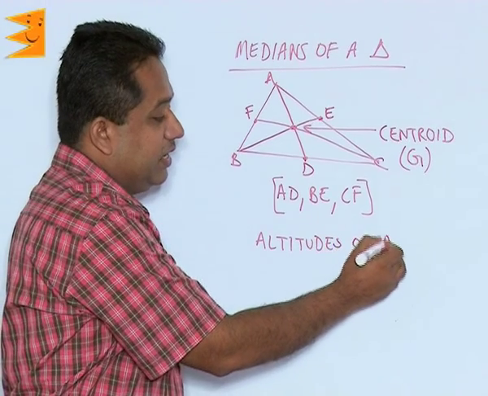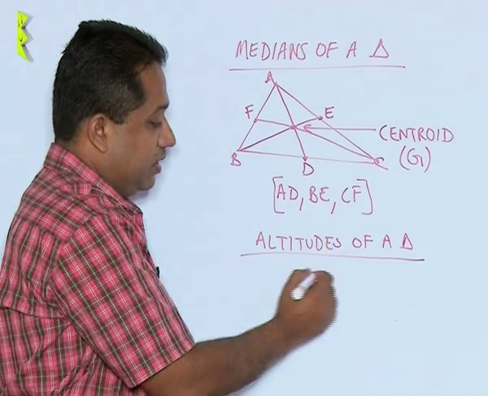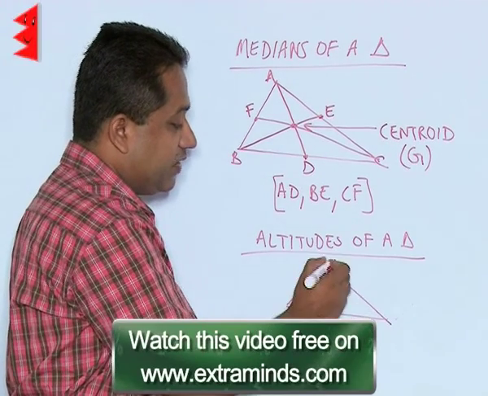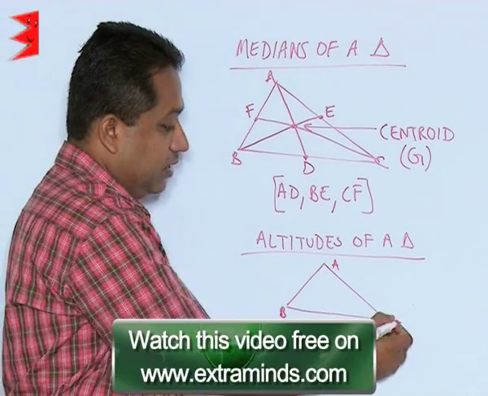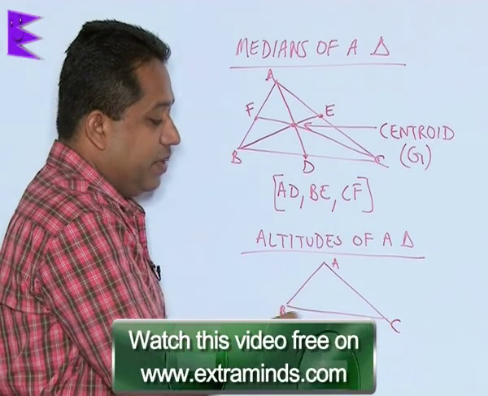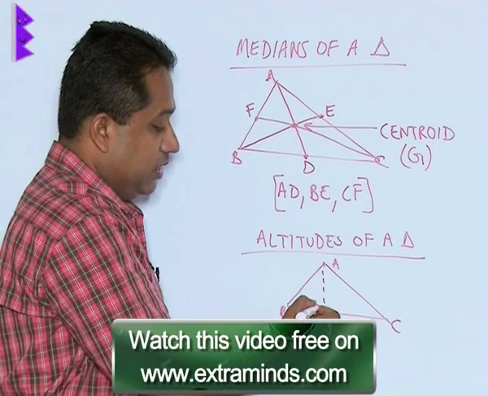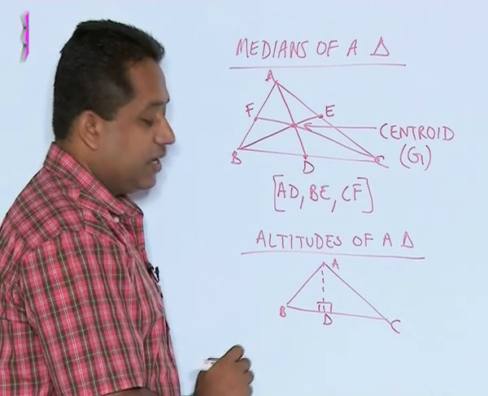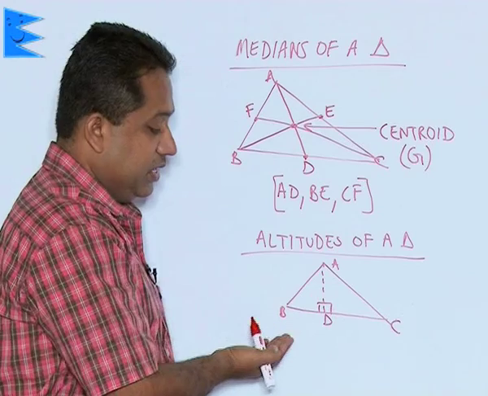Altitudes of a triangle are obtained by drawing the height of the triangle. Now, if you look at this triangle ABC, the height of this triangle with respect to base BC will be this. So, here we can say that AD is the altitude of triangle ABC with respect to base BC.